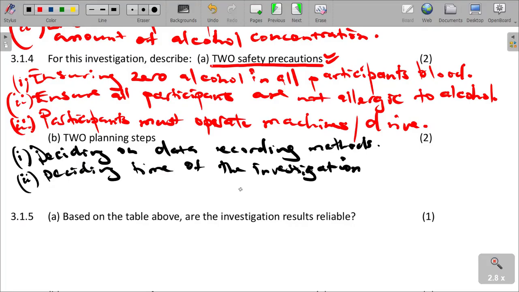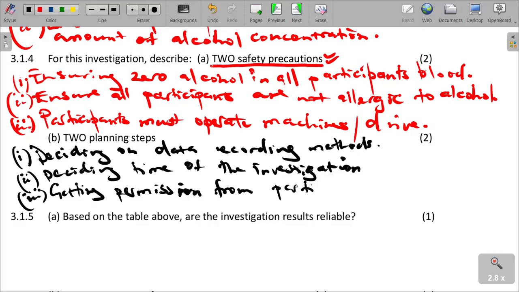And then getting permission from participants. People that they are going to use in the investigation must consent to that. Getting permission from participants is very important.